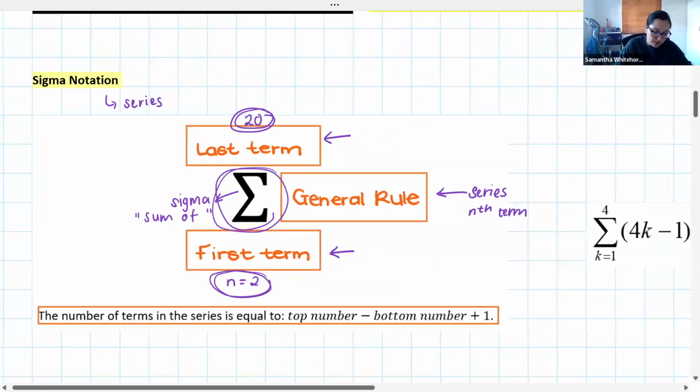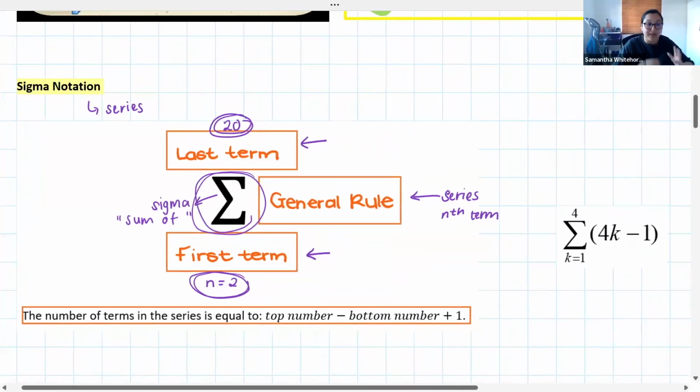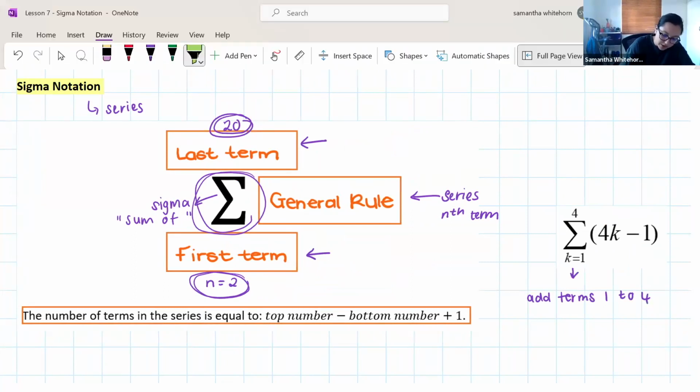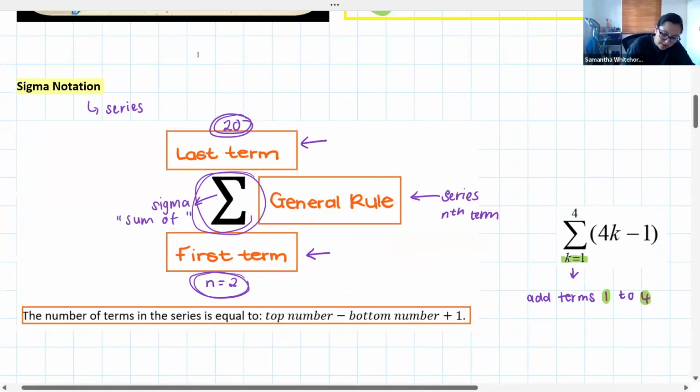If we have a look at an example of a series given to us in sigma notation, we've got this on the side here. This is saying I want to add terms 1 to 4, and I know it's terms 1 to 4 because of the numbers at the bottom and at the top. There's 1 and there's 4.